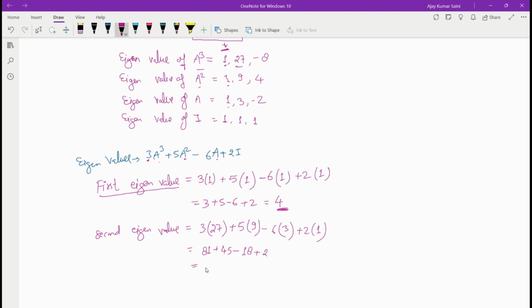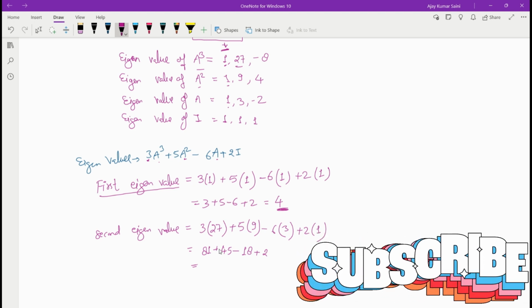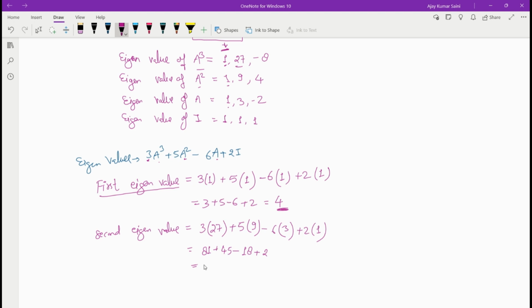So the final answer is 81 plus 45 plus 2 minus 18, which is equal to 110. So 110 is the second eigenvalue.